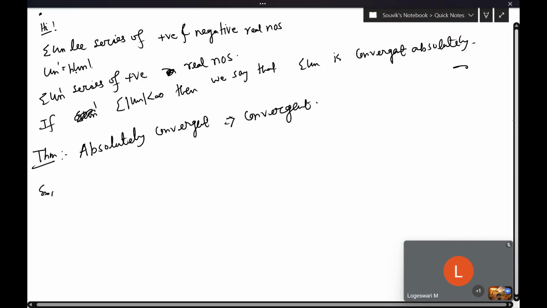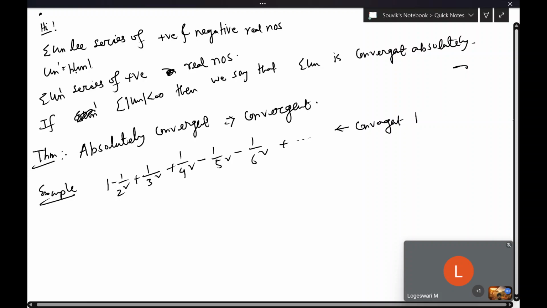So, for example, consider the series 1 minus 1/2 squared plus 1/3 squared plus 1/4 squared minus 1/5 squared minus 1/6 squared plus and so on. Now this series is convergent. Why? Because it is absolutely convergent.